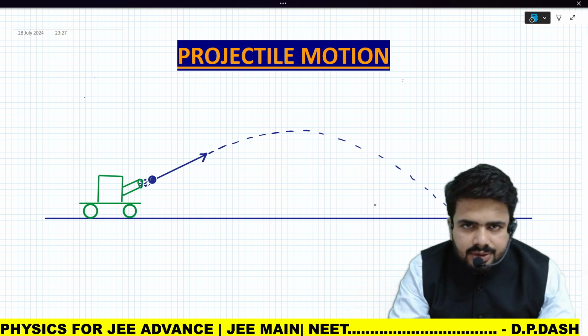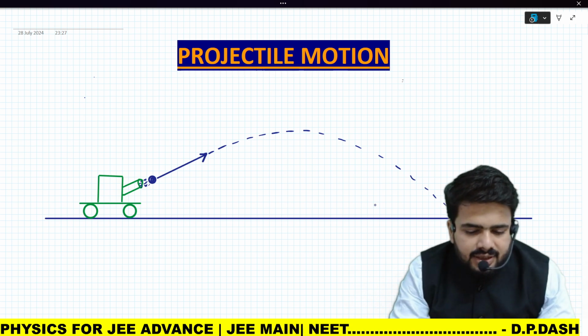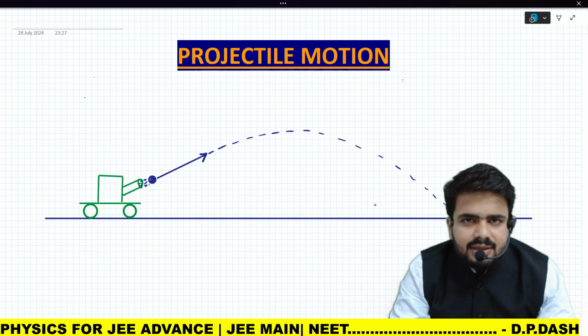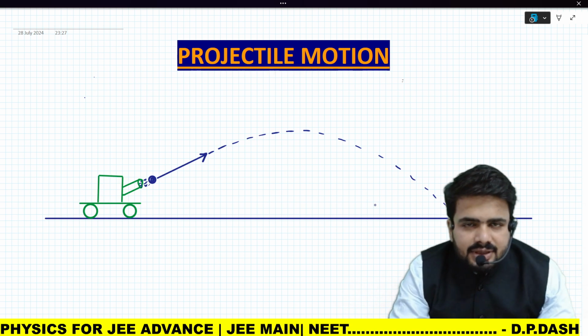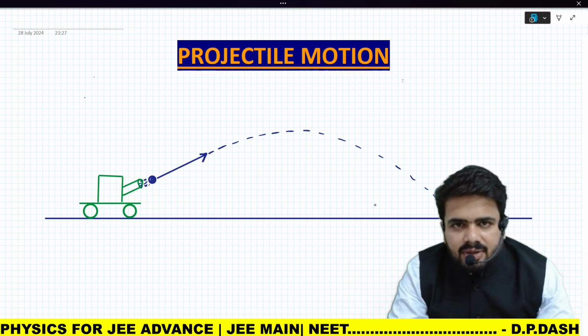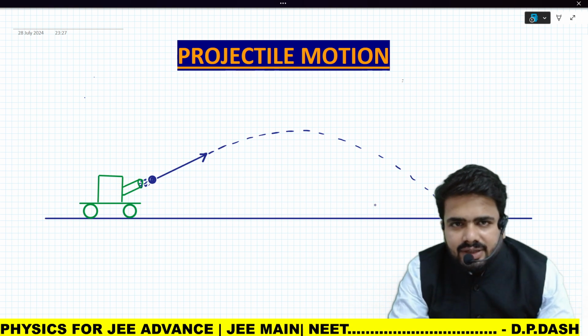So we can throw a ball or any object in air under the motion of gravity, which is what we call projectile motion. And one more point I would like to add here, that projectile motion is not restricted only to objects moving under gravity. We can have projectile motion in other cases, like suppose a charged particle is thrown into a region of electric field.